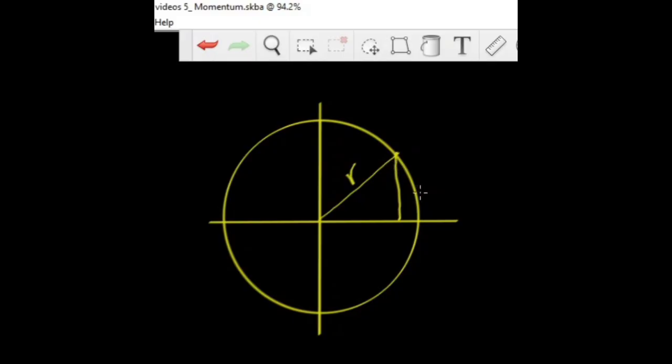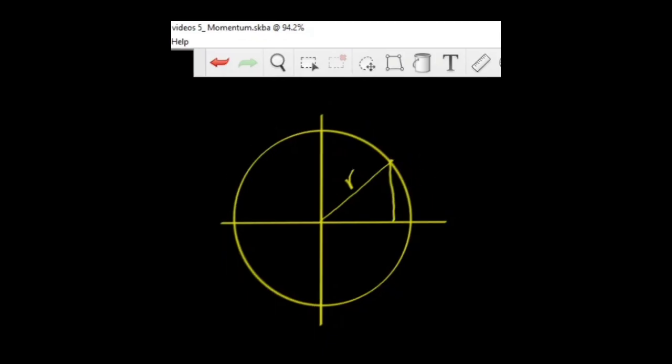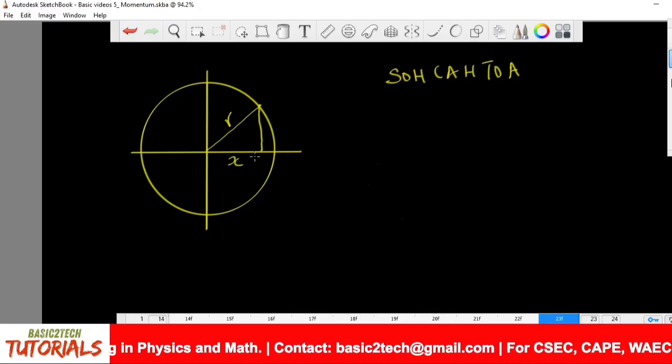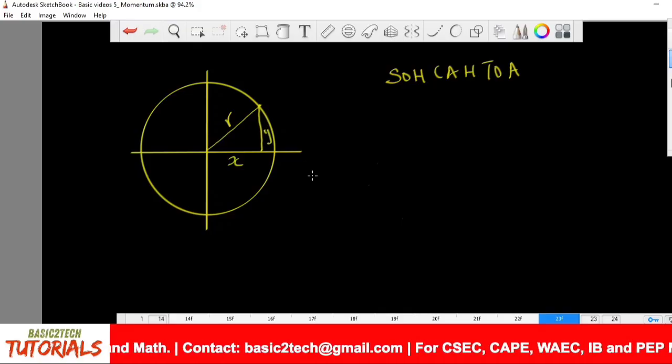The length is 1. The base is the horizontal distance. The height is the vertical distance. So from these, we can find our cos and sine using SOHCAHTOA. Now, this is our x-axis, and this is our y-axis.